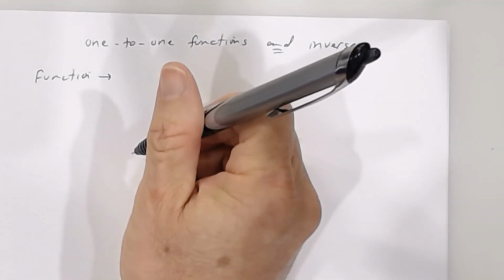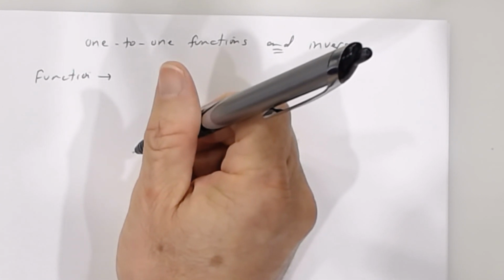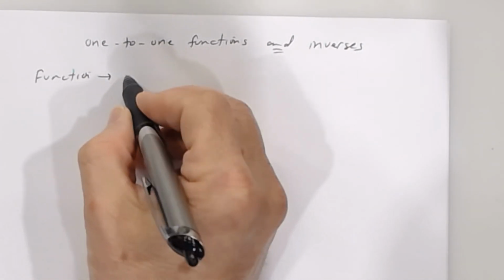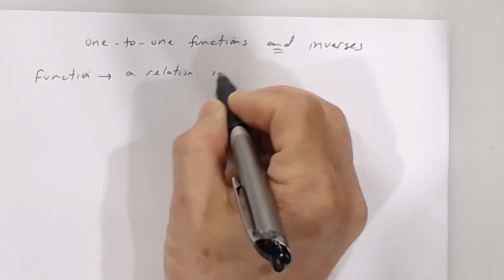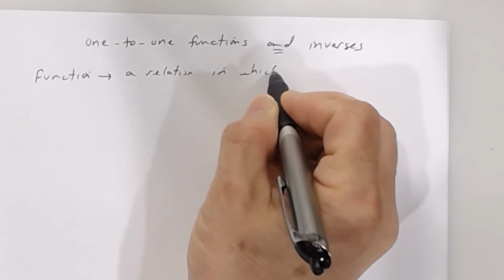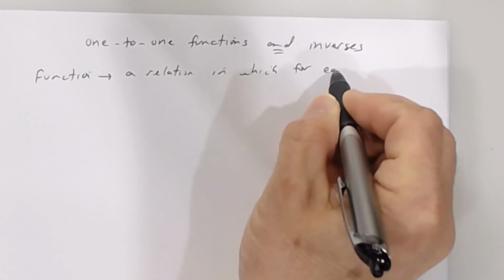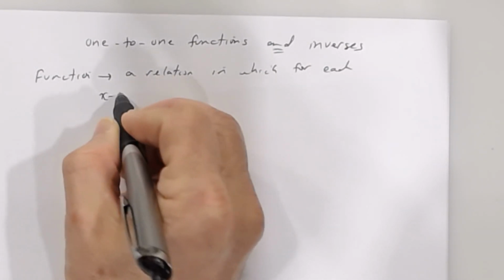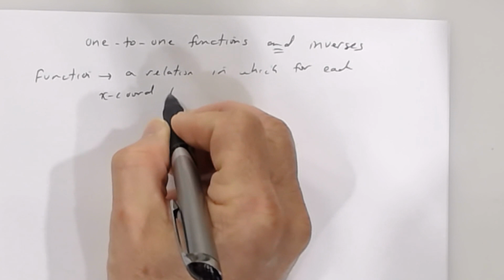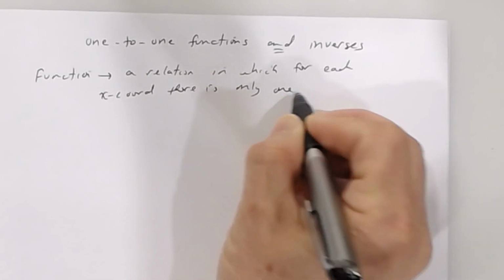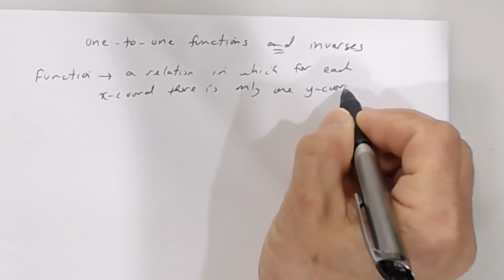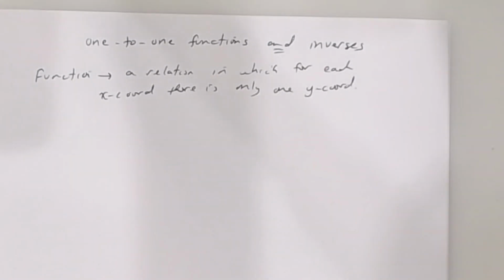A relation in which for each x coordinate there is only one y coordinate. We had that in test number 2.